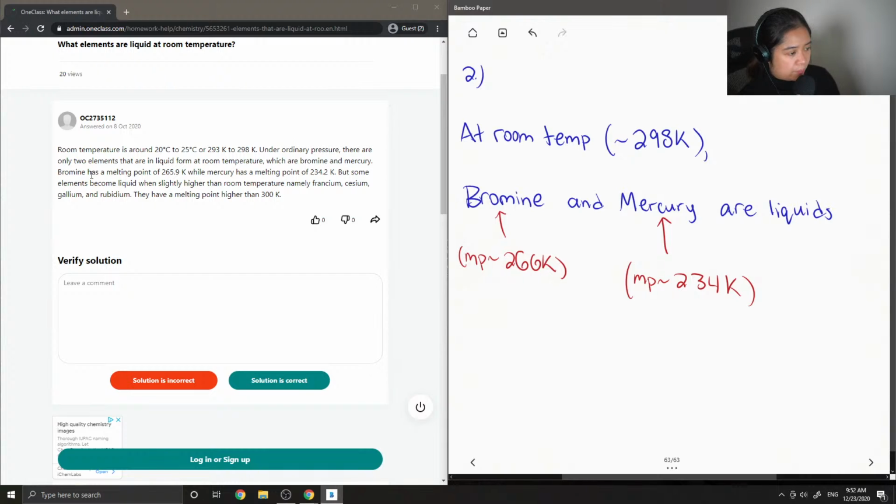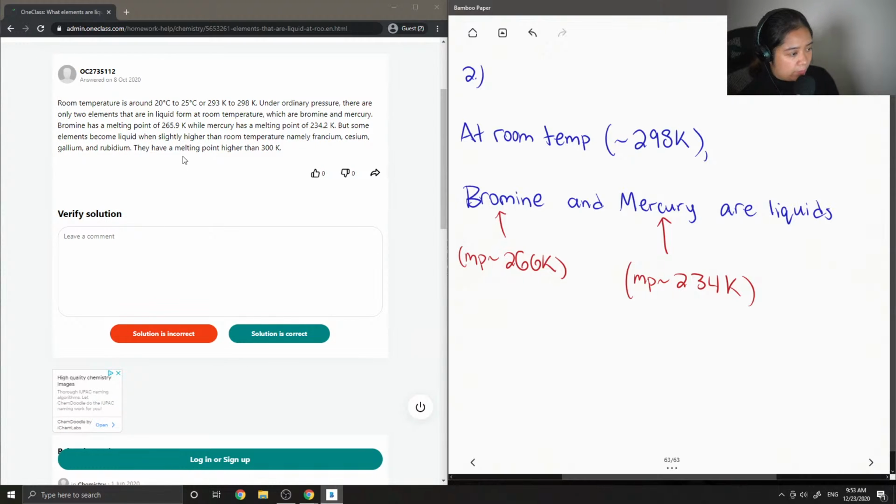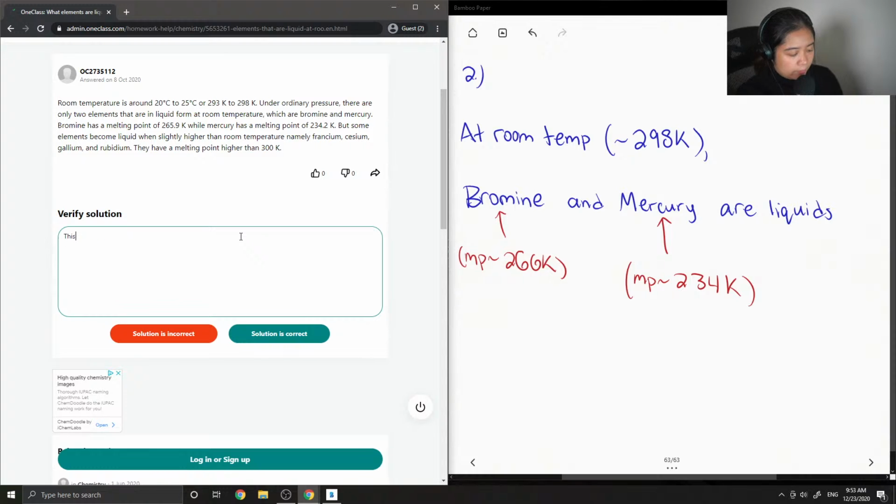Bromine has a melting point of 265.9 Kelvin, while mercury has a melting point of 234.2 Kelvin. Some elements become liquid when slightly higher than room temperature, namely francium, cesium, gallium, and rubidium. They have a melting point higher than 300 K. Yep, so this solution is correct.